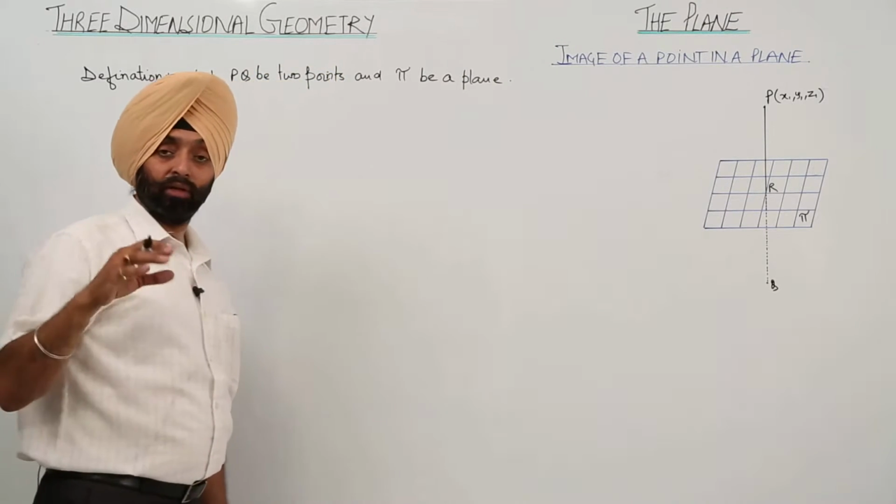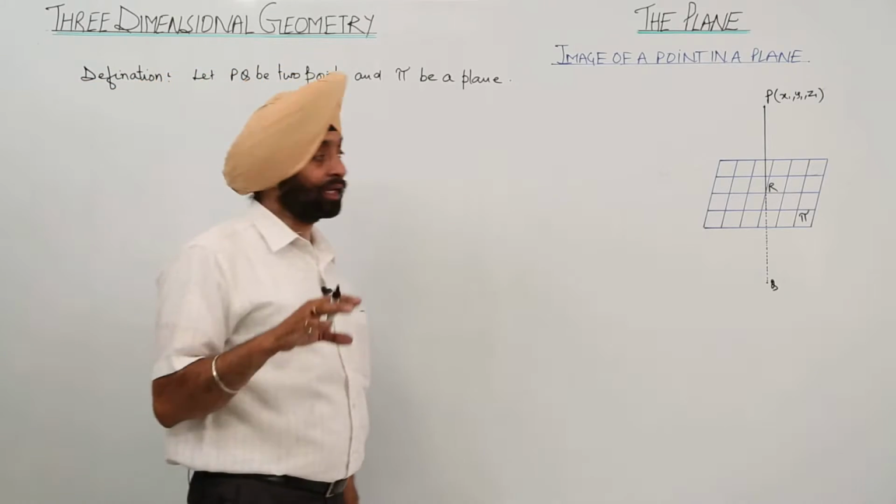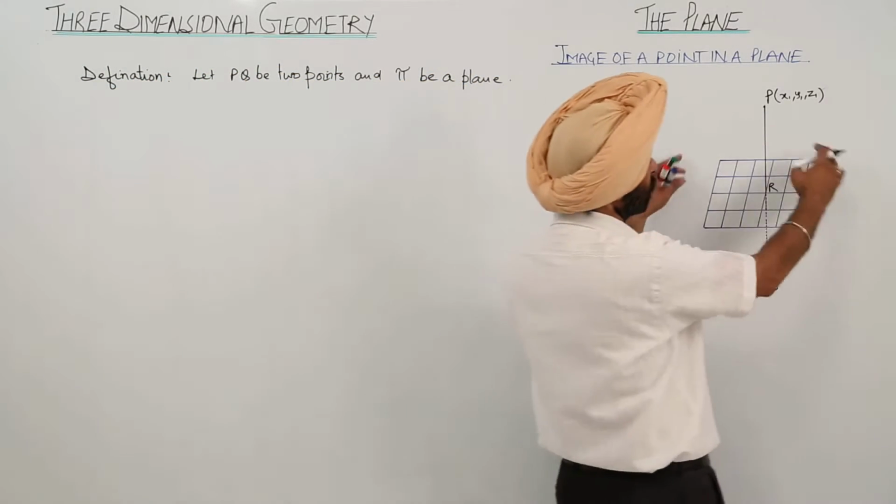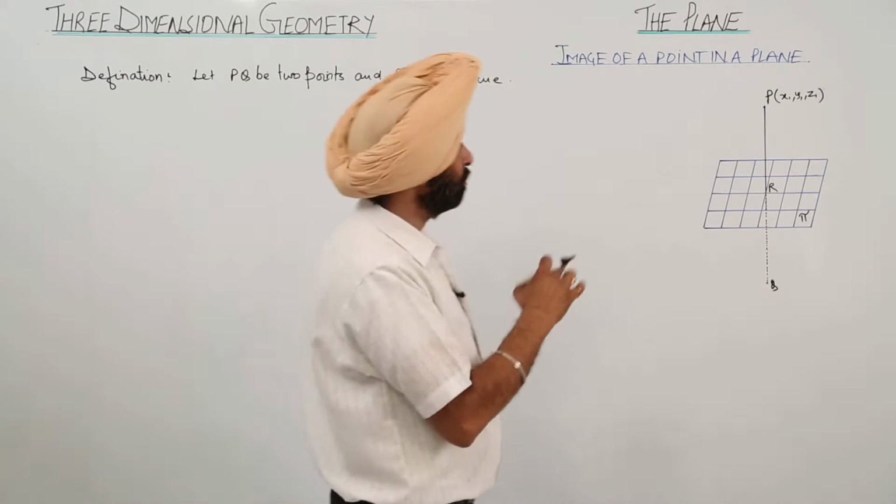Or we can say that P and Q represent 2 points and pi represents this plane. This whole plane we are mentioning as pi.